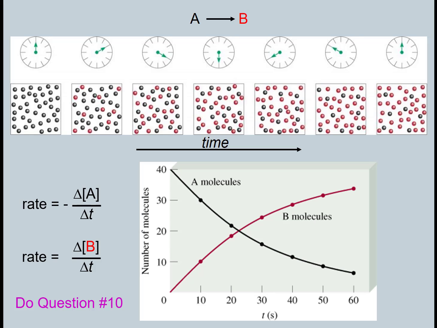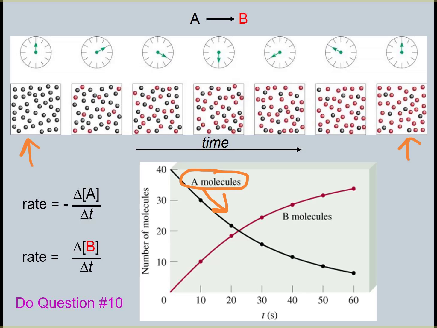Here is a molecular view of A turning into B. So we first start off with A in my container, and then we see as time goes by, more and more B appears until we get our mixture of gases at the end. We can also graph this. So we can see at the start, I only have A. And as time goes by, A decreases its concentration.